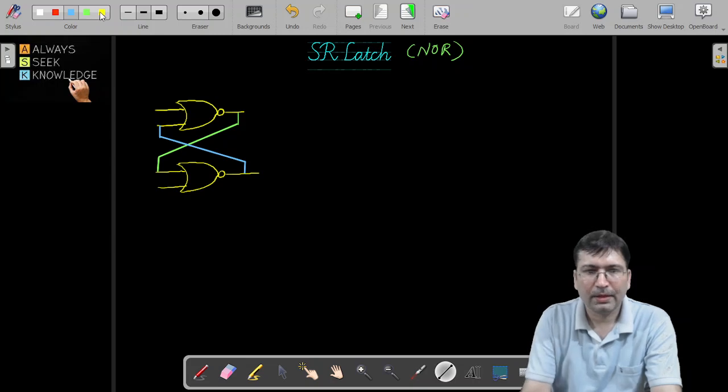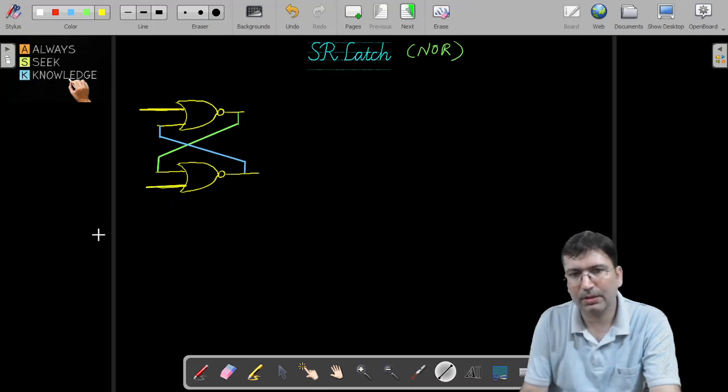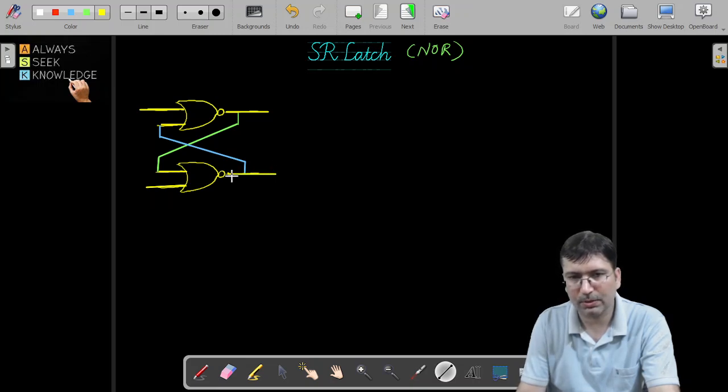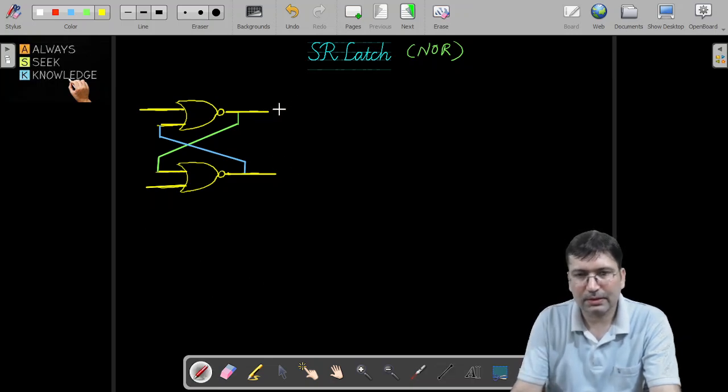Okay, and these terminals, we will make one as set pin, another will be treated as reset pin. So this is the diagram you can consider. Now these pins will generate state Q and Q complement, right? So this is Q and this is Q complement.